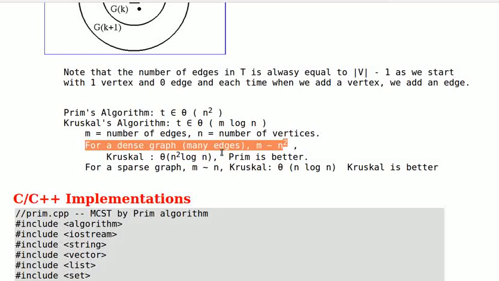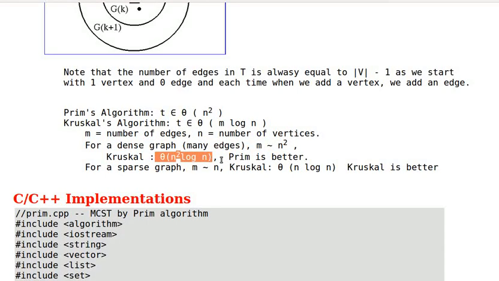Kruskal's algorithm takes time theta n squared times log n, so Prim's algorithm is better. On the other hand, for a sparse graph, m is about n. Kruskal's algorithm takes time theta n log n, and is better. There exist other algorithms more efficient than either Prim's or Kruskal's.